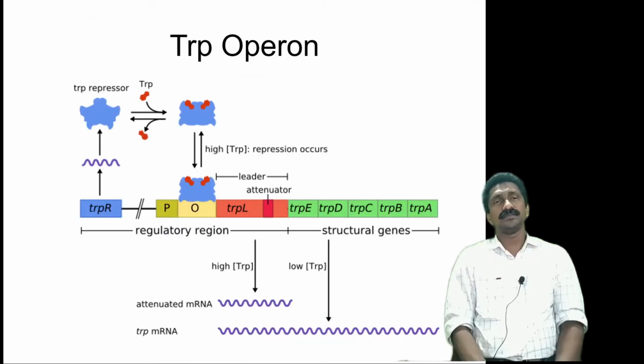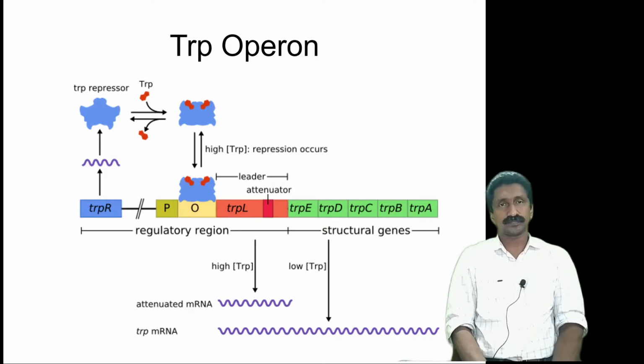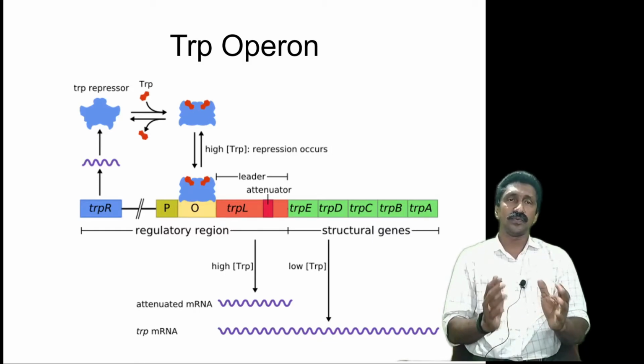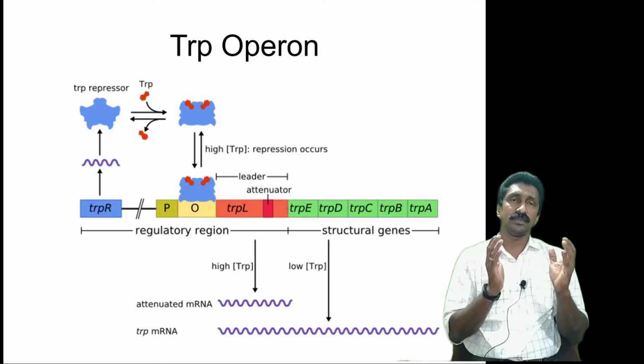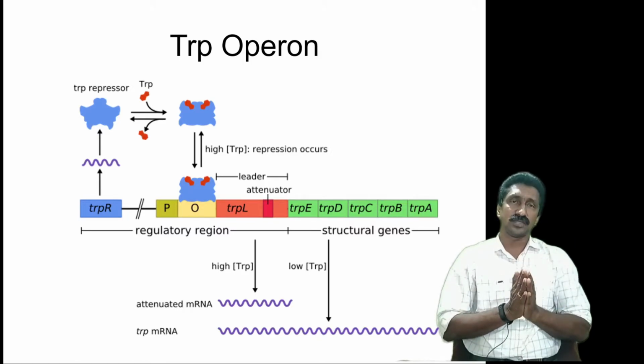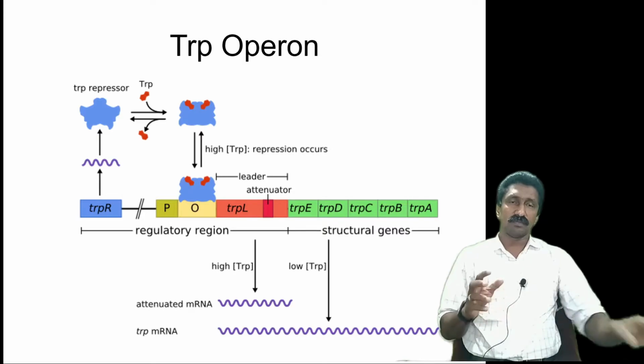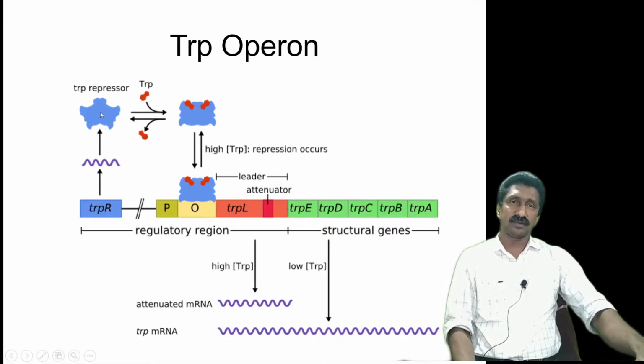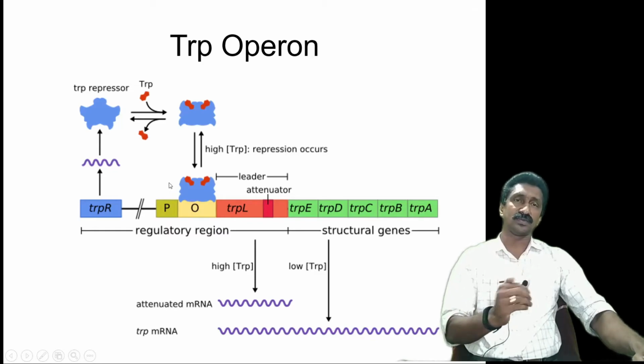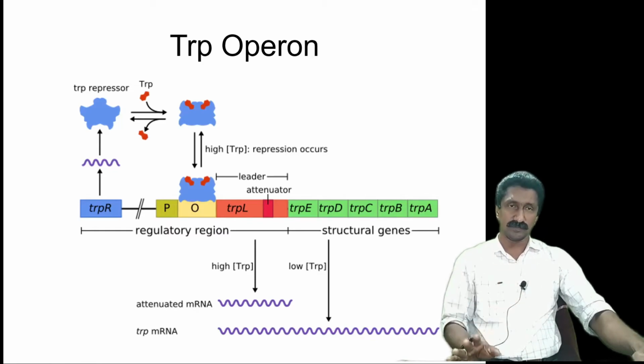The next one is the trp operon. As you know, the trp operon is an operon that is used for biosynthesis of tryptophan. The biosynthesis of tryptophan is required when tryptophan levels are low in the medium.